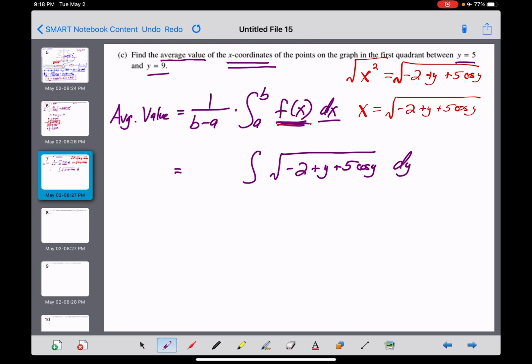That should tell you that the limits of integration here and here need to be the lowest and highest values of y in this range, which they've told us are 5 and 9. So I'm going to cram a 5 right there and a 9 right there. And now that tells me that out in front of this, we're taking 1 over 9 minus 5. And this should give us the average value of all of our x-coordinates.